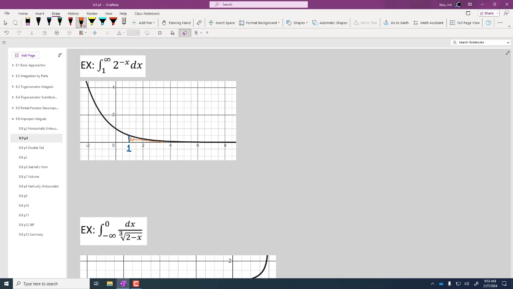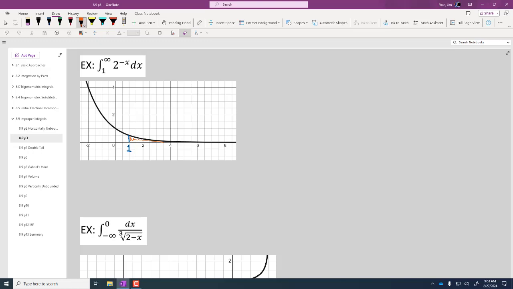So that unbounded area, we want to know, is that unbounded area finite or infinite? We look at the equation that generates this curve, 2 to the negative x. That's an exponential function.